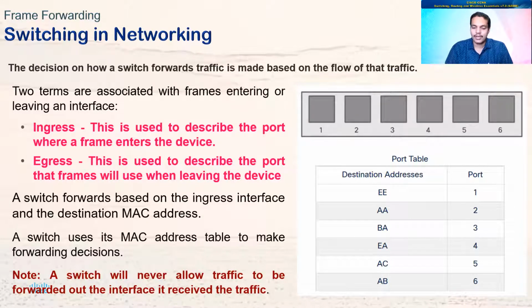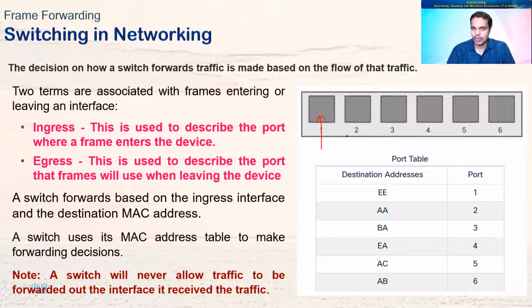But please remember that a switch will never allow traffic to be forwarded out on the interface through which it has received this traffic. So in this example, we have 6 ports. Now, for instance, if a particular frame is received through one port, that is your ingress port.